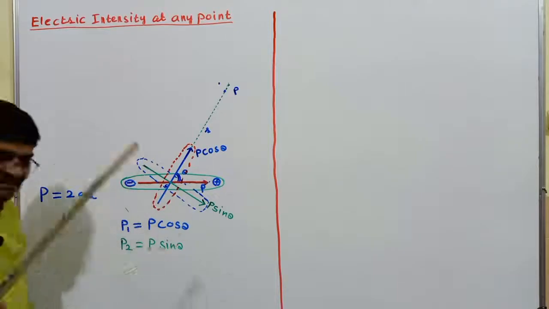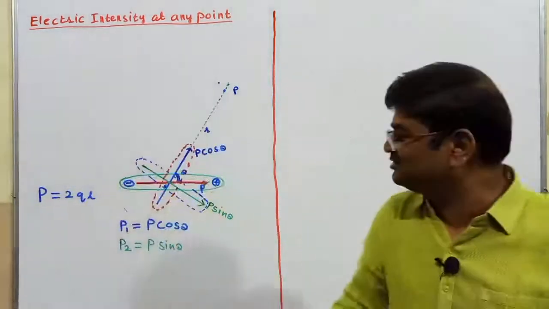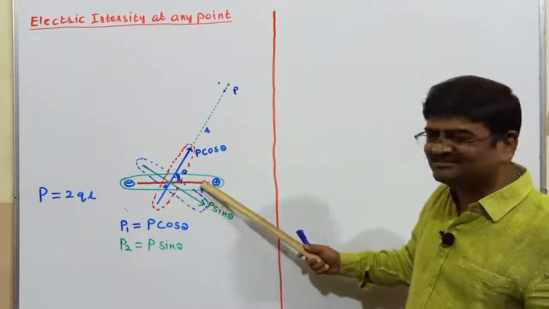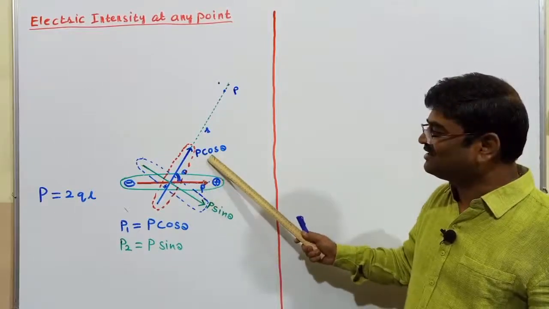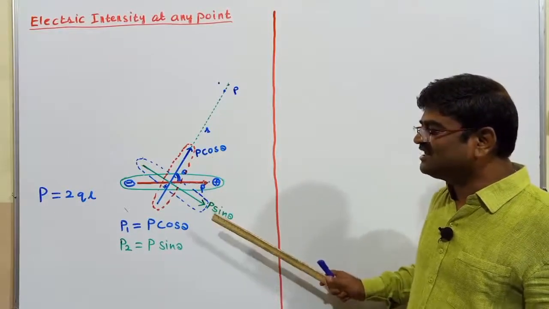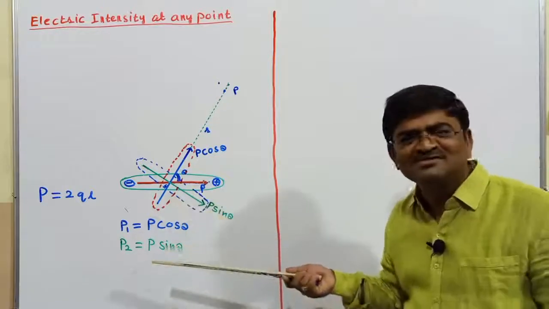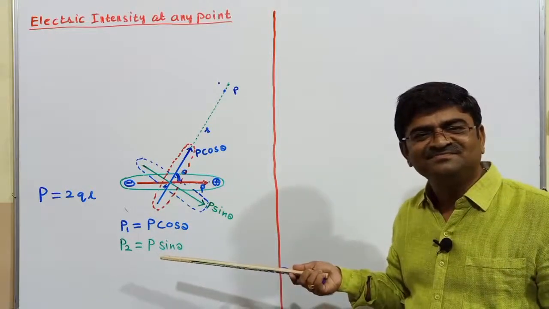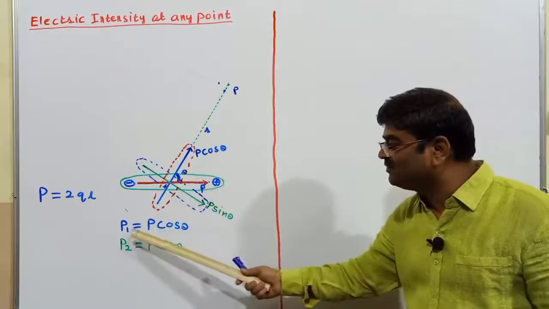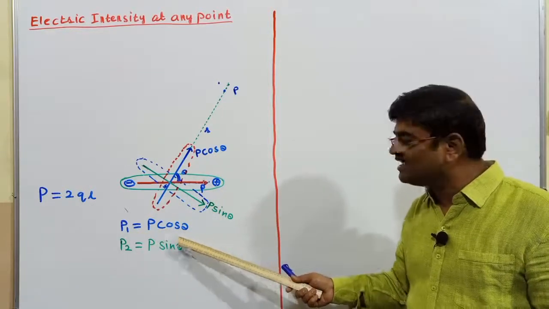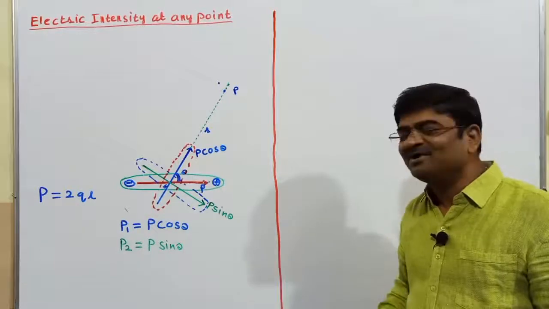So I am forgetting about the original dipole after resolution. I resolve this, interesting. One part here, another part here. And once I did that, I am saying as of now I have two dipoles in that system: one dipole of the moment P1 equal to P cos theta, another dipole of the moment P2 equal to P sin theta.